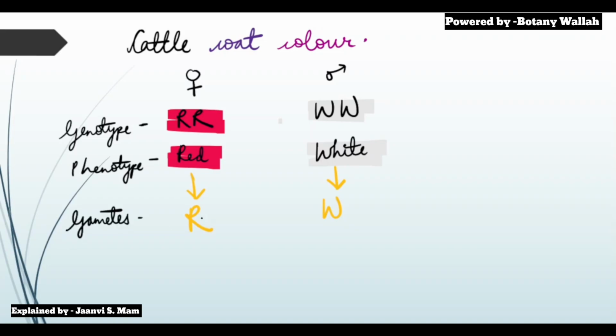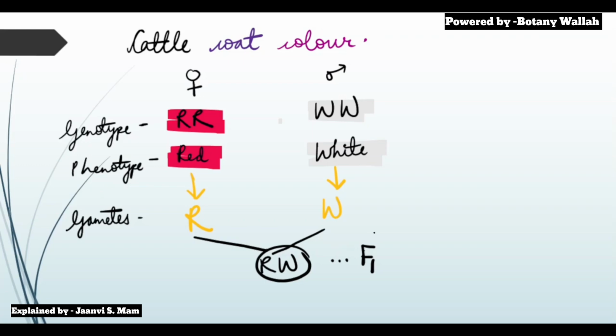Fine. Then there will be fusion of gametes. When there is a fusion of gametes, then we get what? We will get capital R and capital W. This is our F1. Okay.